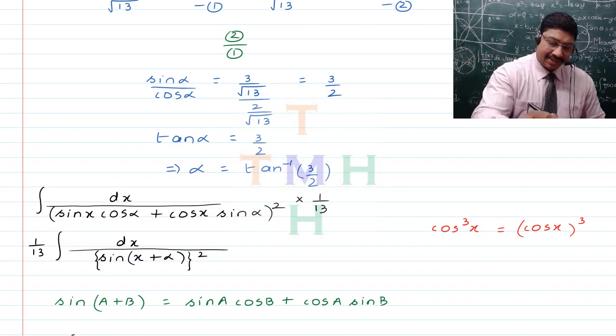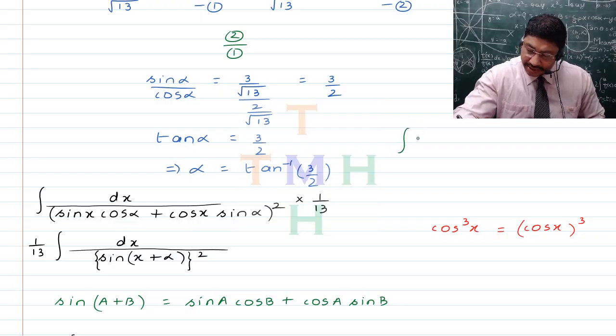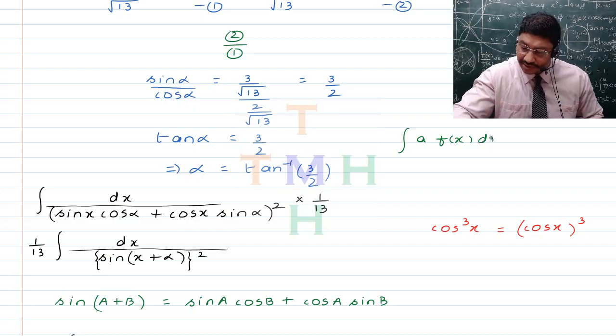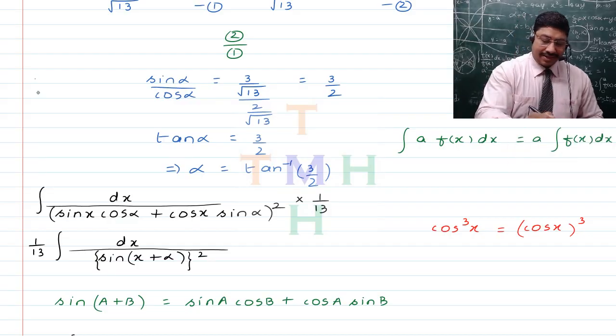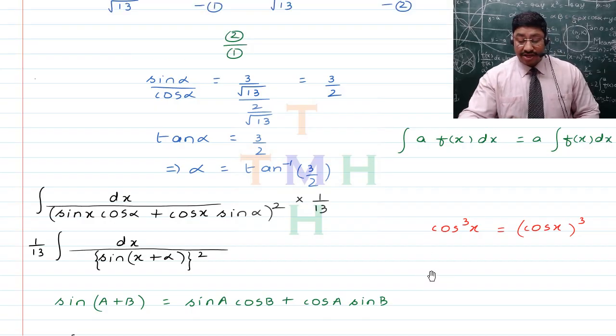As remember, there is another formula that you have, that is, if you talk about the integration of a constant which is multiplied by a function, then that becomes equal to the constant which is multiplied by the integral of the function, right? So this is again a rule, just like the rule that you had in differentiation, right? Remember, in differentiation also we've discussed a similar sort of a rule, right?